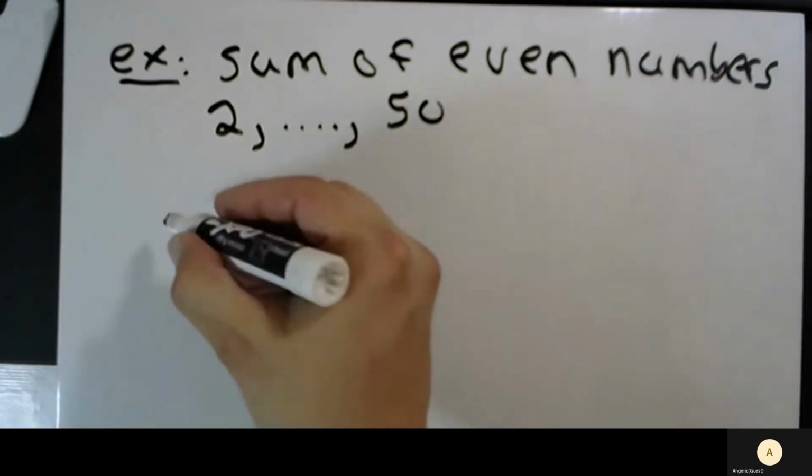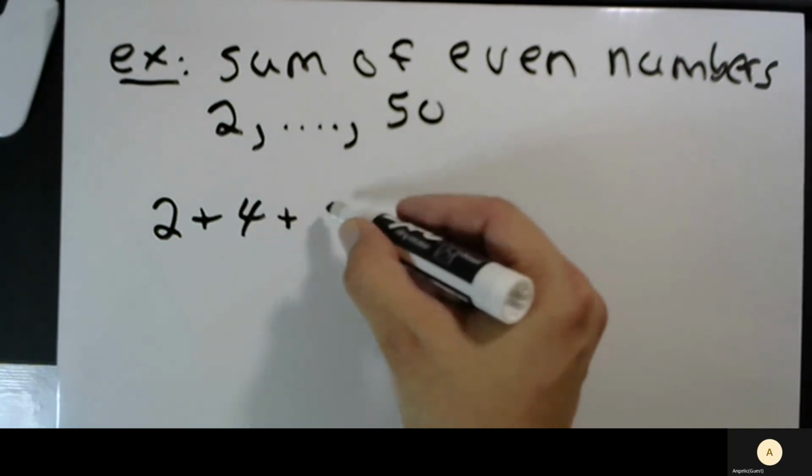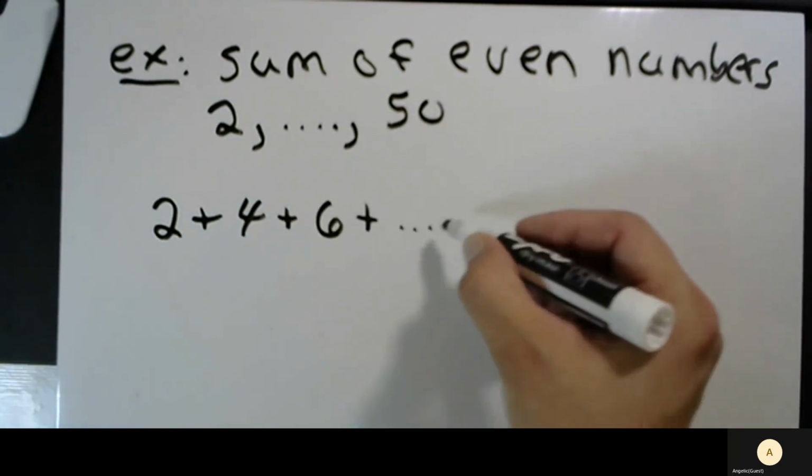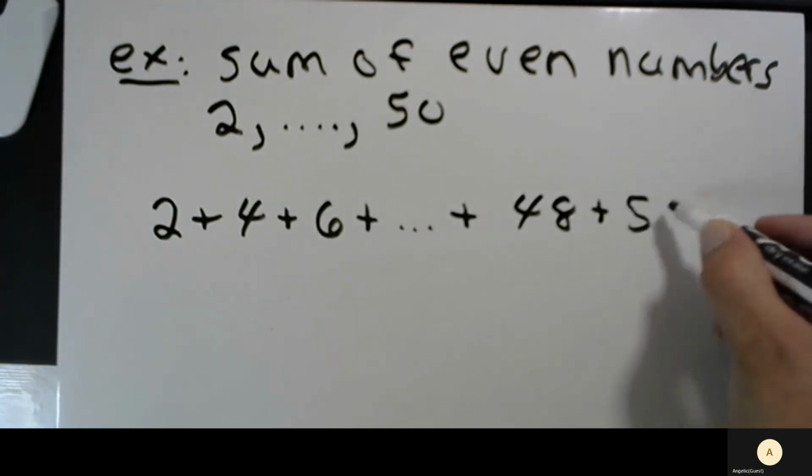So what that means is you're going to take 2 plus 4 plus 6 up to 48 and 50.